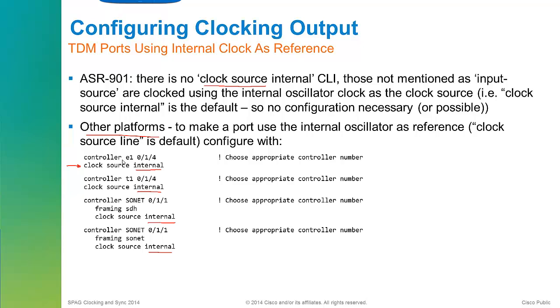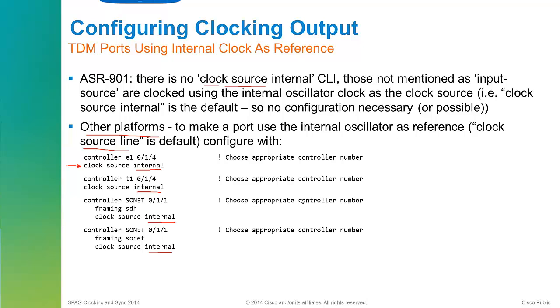The problem with the other platforms, and why you need to do this, is that clock source line is the default on the 902, 903, 24CX, and 7600. In this case, you'd have to configure clock source internal.